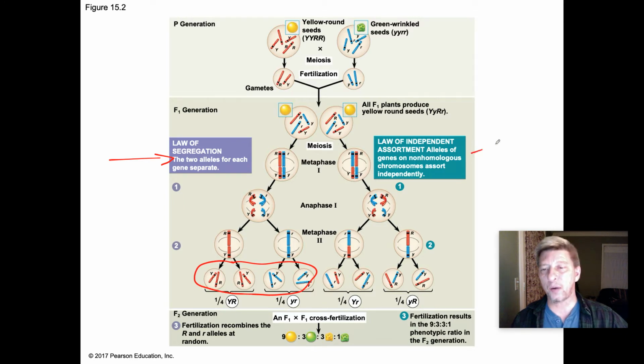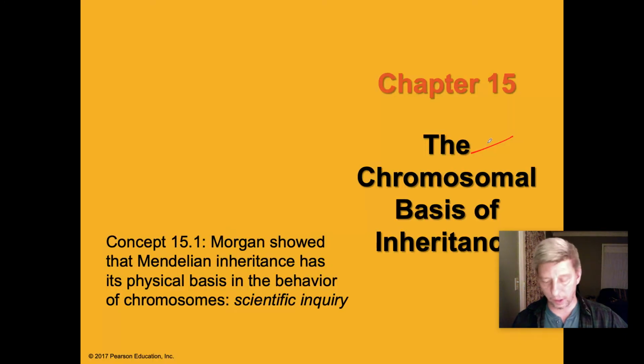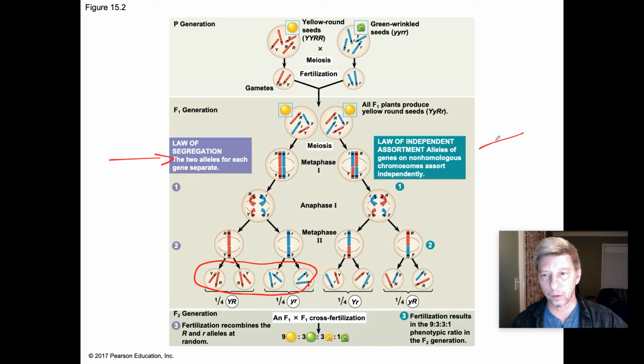On the other side, we show the law of independent assortment. Same original cell, but this time the maternal and paternal chromosomes line up on opposite sides. And so after going through meiosis 1 and 2, we end up with a set of gametes that looks like this.